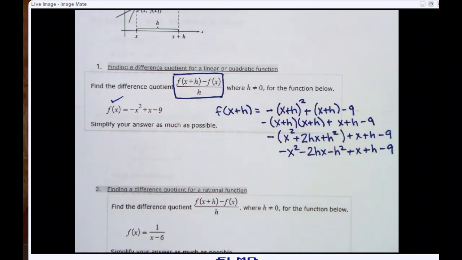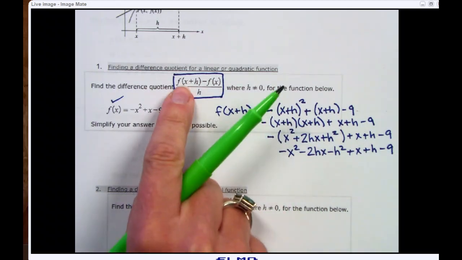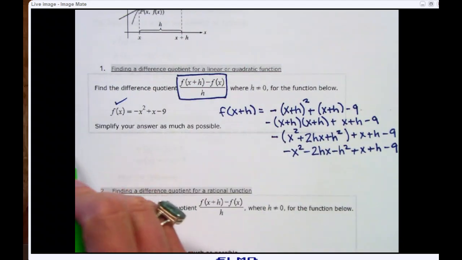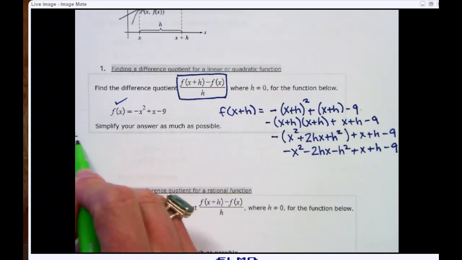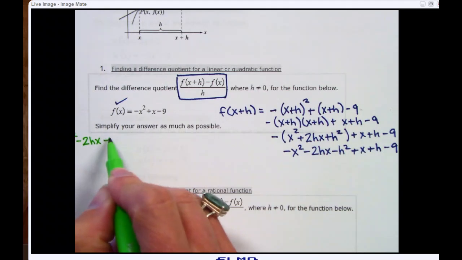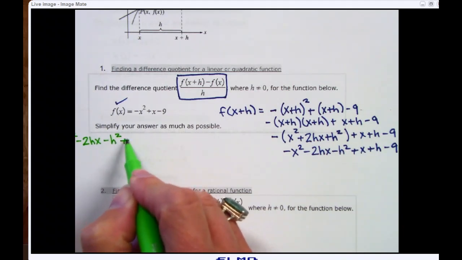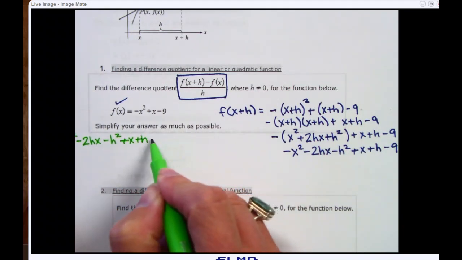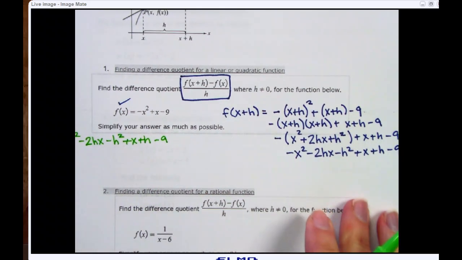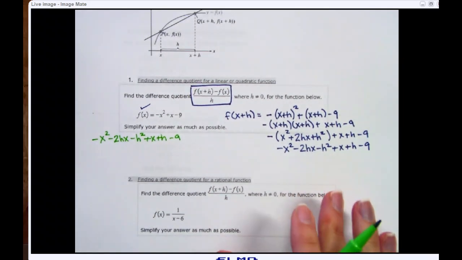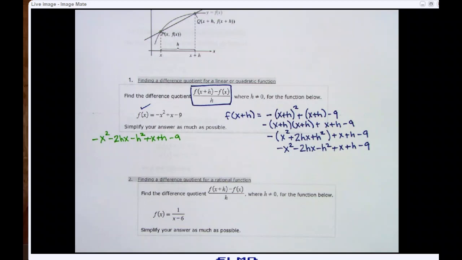So now we're going to set up our difference quotient. What does it say to do first? F of x plus h. All right, so here it is. Plus x plus h minus 9. Thank you for letting me know we were out of the camera. And then what does it say to do?